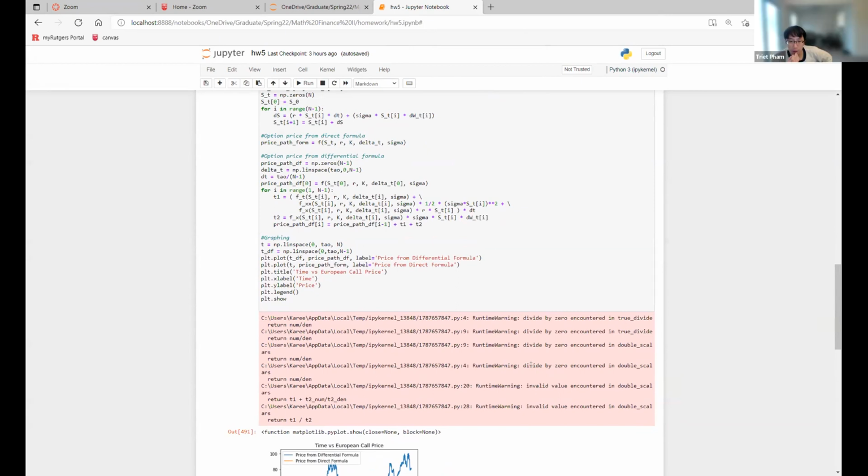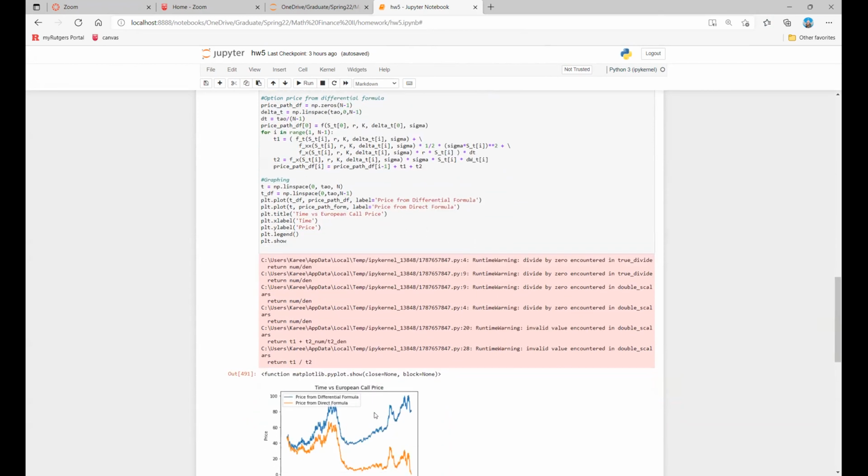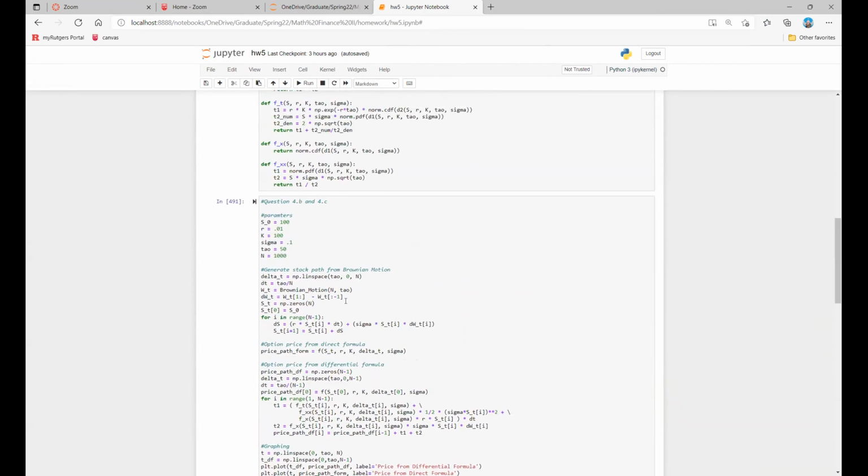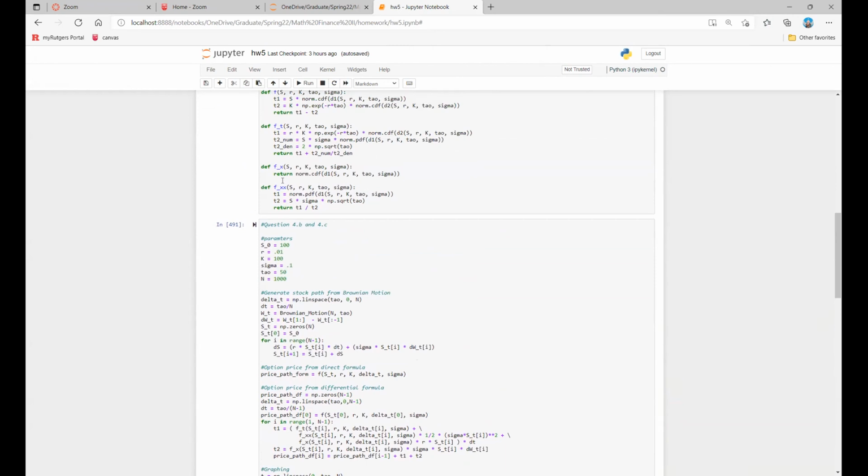Where does that come from? I'm pretty sure it comes from the fact that when tau is approaching 0, we're dividing. So the Greek is not defined when tau goes to 0, right?